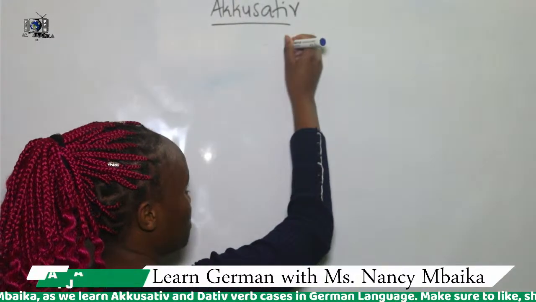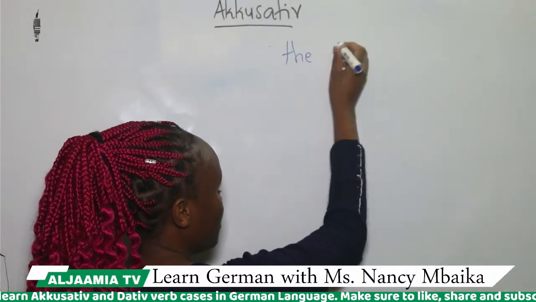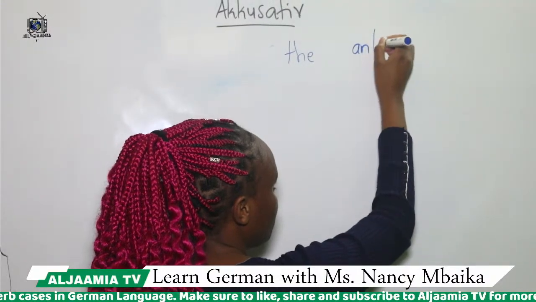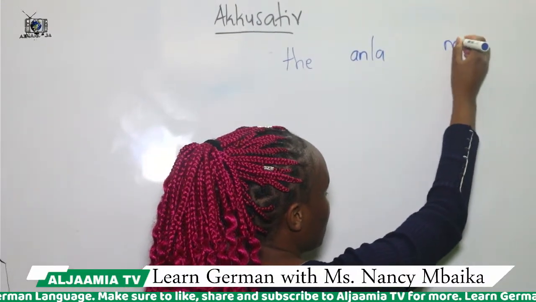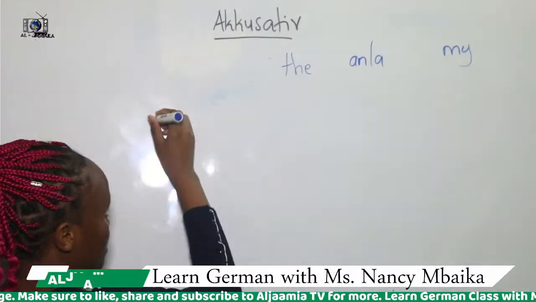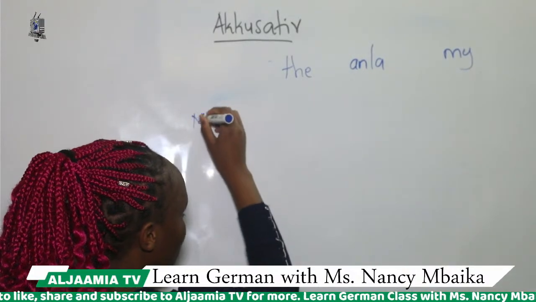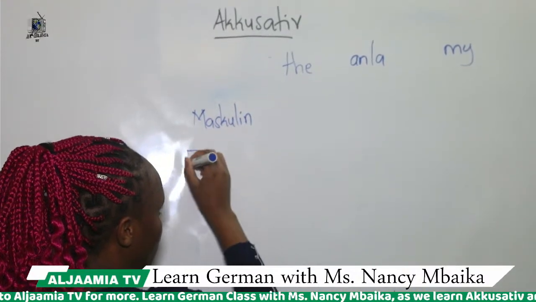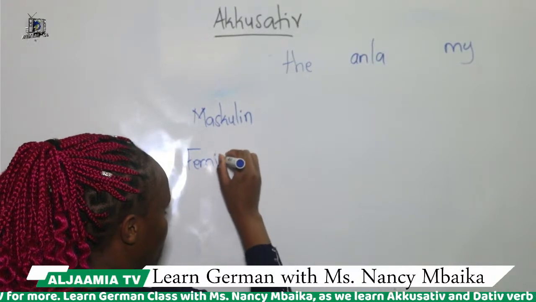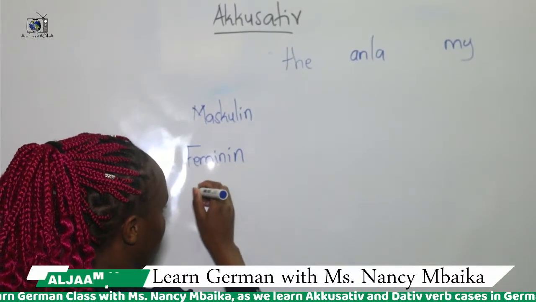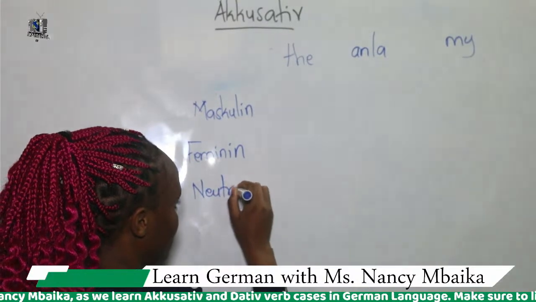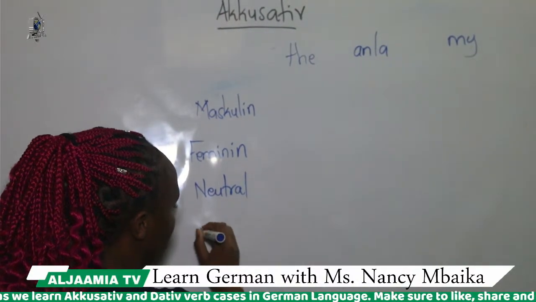I'm still going to use the article ein, and also the possessive article my. So the cases that we have: masculine, feminine, neutral, and the last one plural.